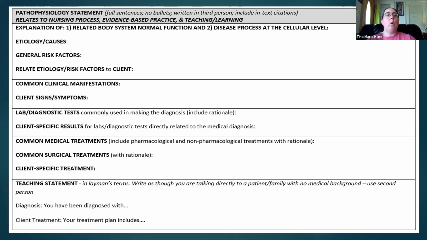Okay. What signs and symptoms did he specifically exhibit related to his COPD exacerbation? Okay. What client-specific results, lab and diagnostic tests directly related to his COPD exacerbation, and the pneumonia, because the pneumonia was what was causing the exacerbation?